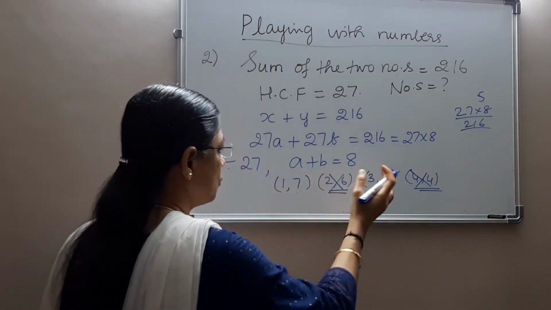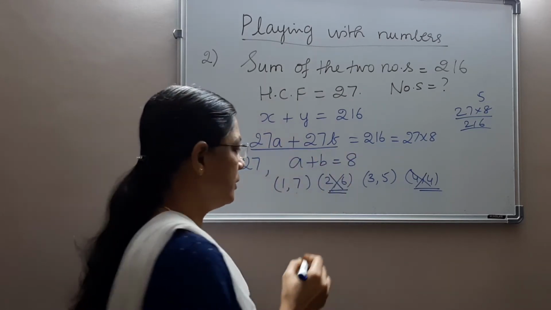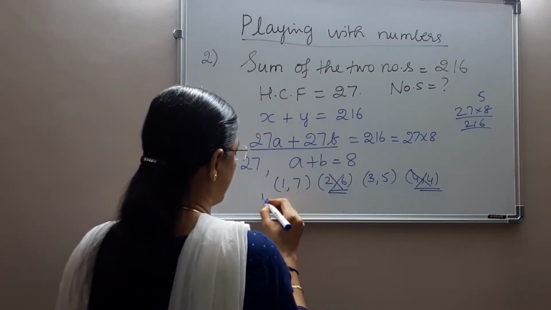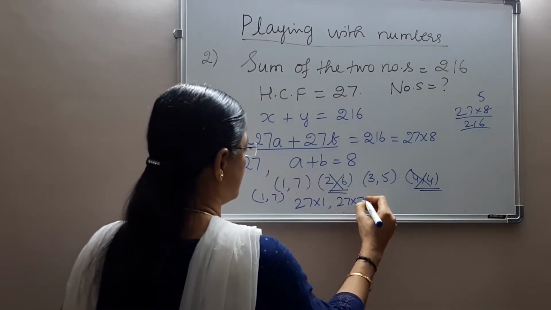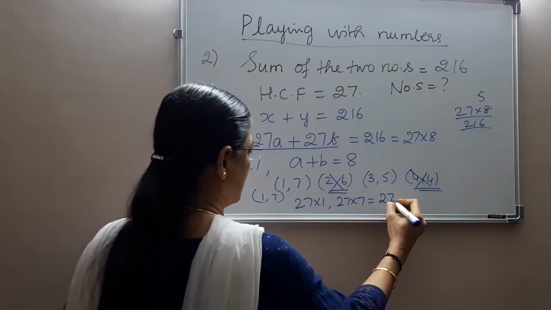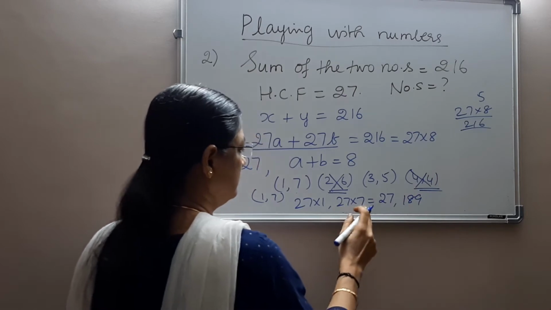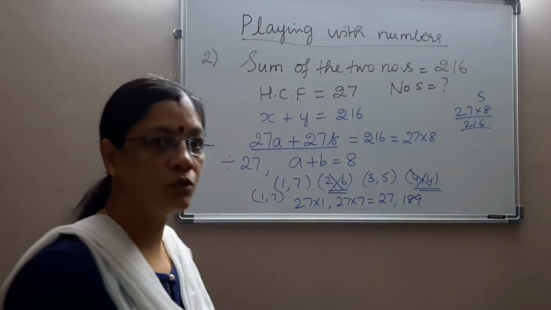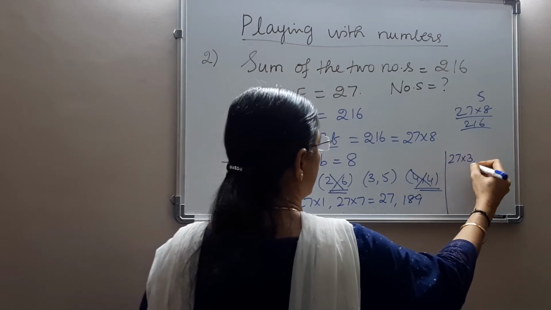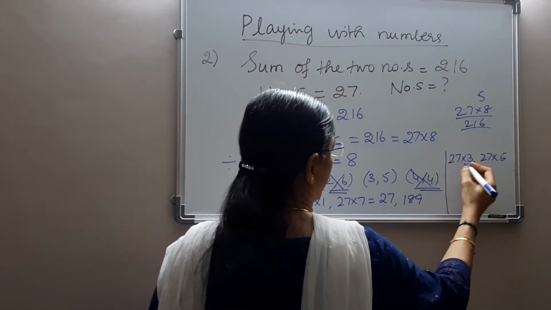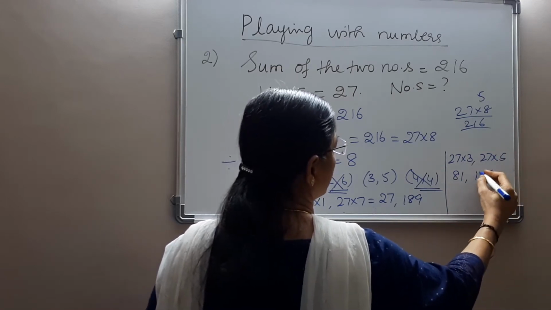So we take these two combinations and put them in this equation. For 1, 7, what do you get? 27 into 1 and 27 into 7. So you get 27 and 189. Sorry, 27 into 7 gives you 189. And for 3, 5 you have 27 into 3 and 27 into 5, that is 81 and 135.